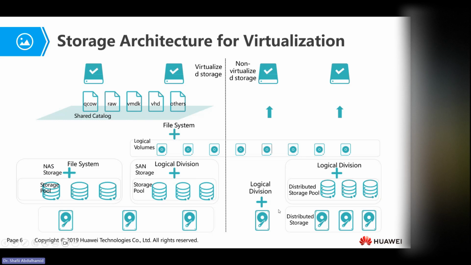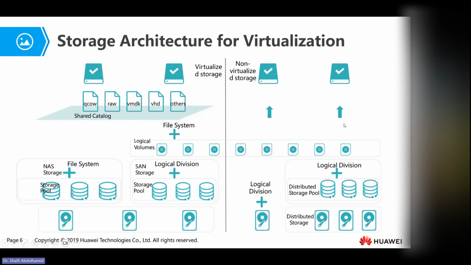Immediately after that, we can have a logical division that contains distributed storage pools of space that can be accessed by the users. In this case, we do not have the SAN or the NAS storage application to run it. It simply provides the shared pool of resources or space to the users. So this is how the non-virtualized storage networks actually work in the cloud service.